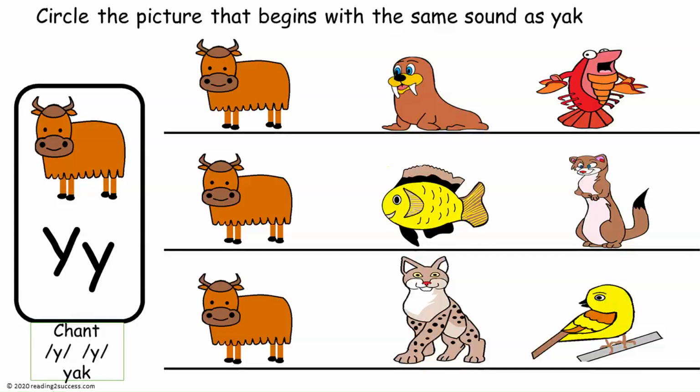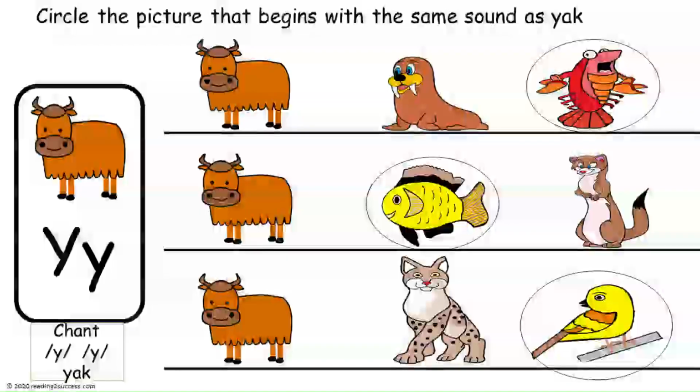Second row, yak, yellow tang, weasel. Third row, yak, lynx, yellow hammer. And here are the answers.